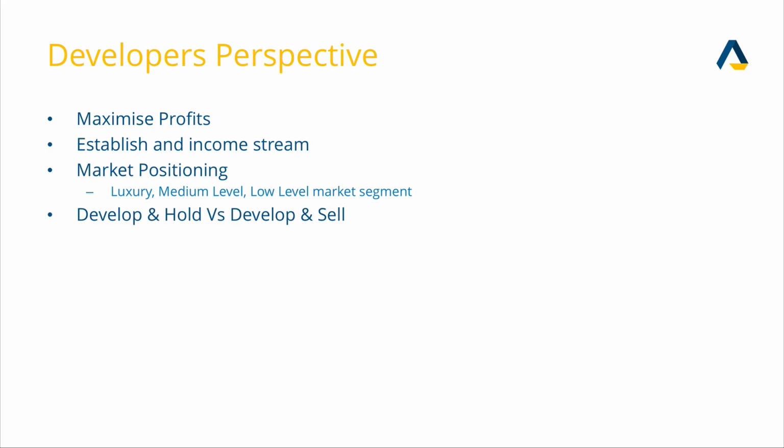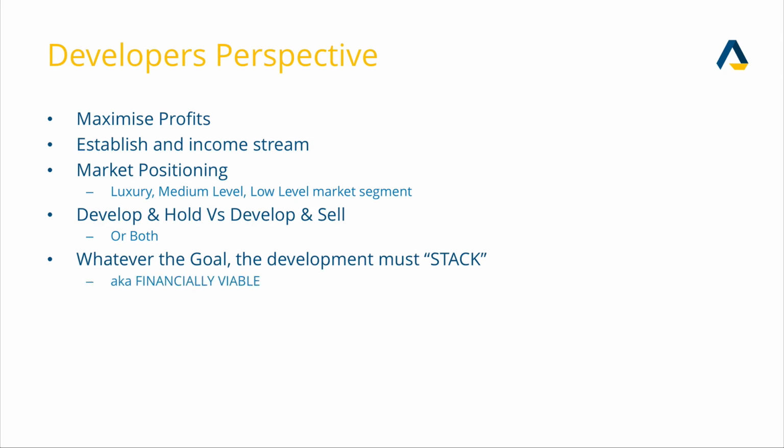So towards the end of the development, what are we going to do? Are we just going to develop it and sell it, or are we going to hold it, or are we going to do a bit of both? Whatever the goal, the development must stack. That means it should be financially viable. It should bring in the biggest bang for the buck.